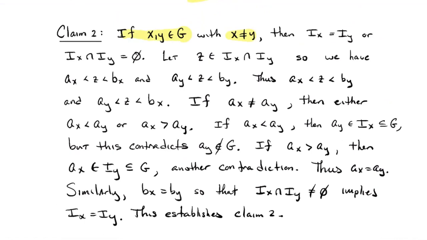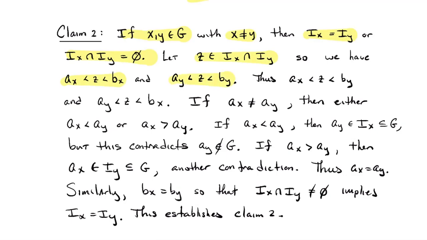I'm going to claim that either I sub x is I sub y or they're completely disjoint. I'll prove that logically by saying if they're not disjoint, then they're equal. So suppose some element z is in both of those. Well, z is in I sub x, so it's between its endpoints. But z is also in I sub y, so it's between those endpoints.